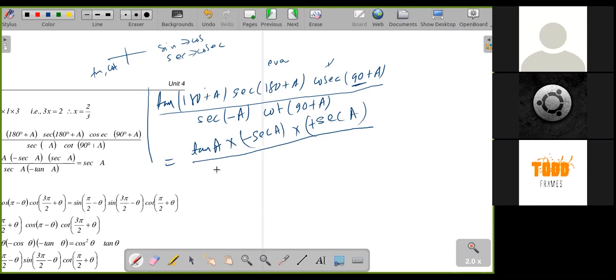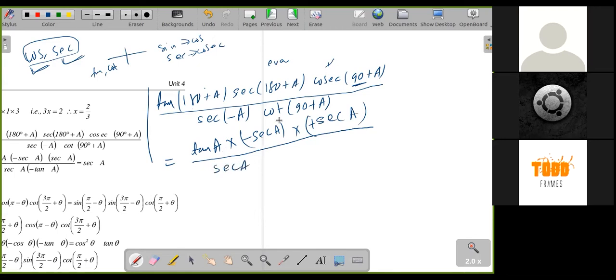Sec minus a. One rule I discussed in the last class, I am just recalling it. Except cos and sec, everyone is impacted by minus, but these two are very strong. They engulf the minus sign, meaning minus does not impact these. So sec minus a is just like sec a.